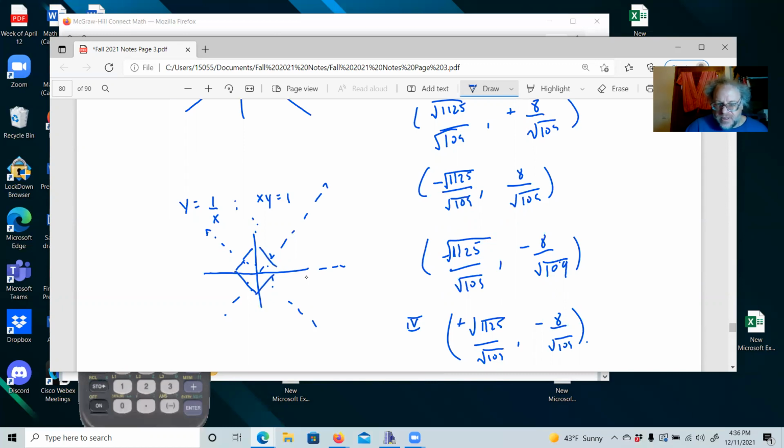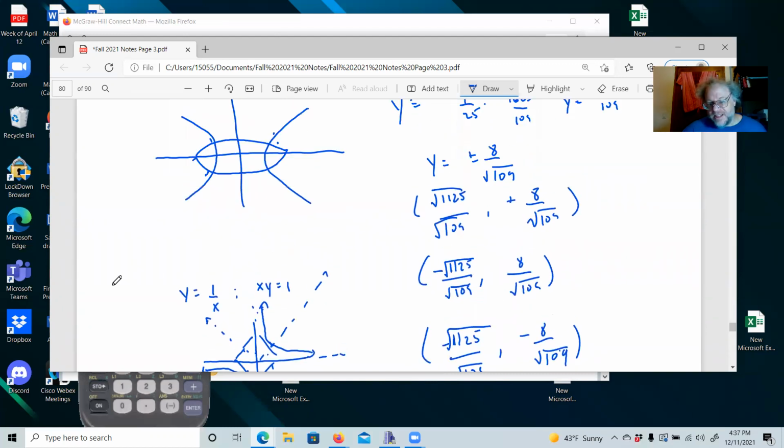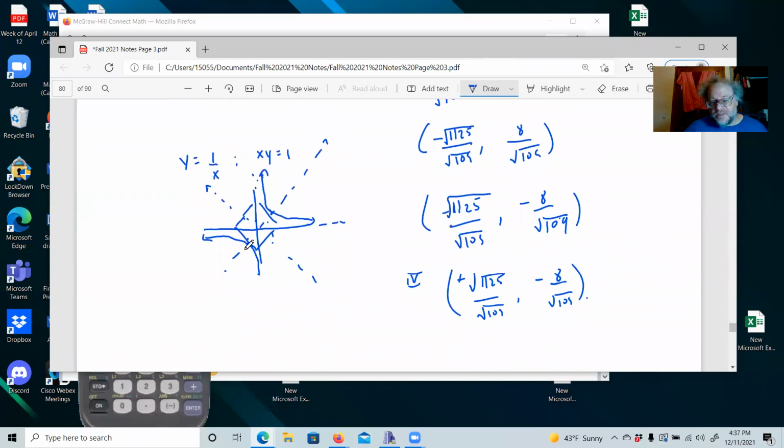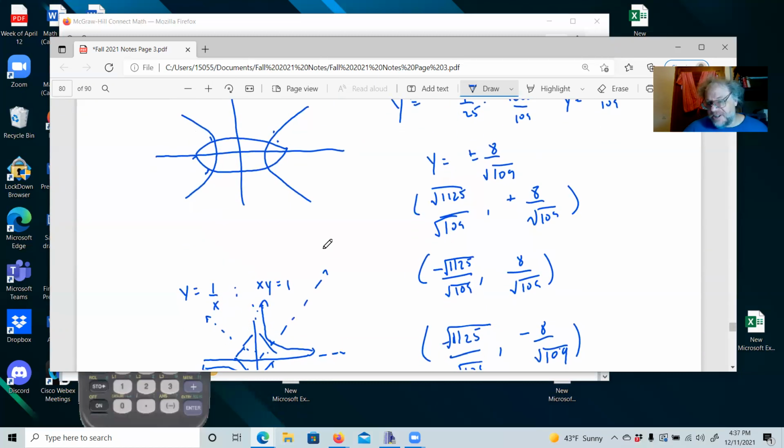The asymptotes are just the axes, and we would come through and do something like this. But there's no way you're going to draft something like this. As soon as you put an xy term in there, you've got a conic section that's kind of tilted, and that is definitely for another class. It's really cool, but it's definitely for another class. But that's how we do that.